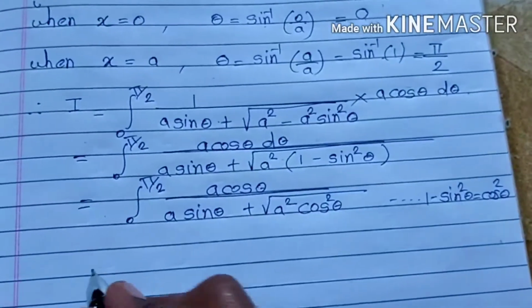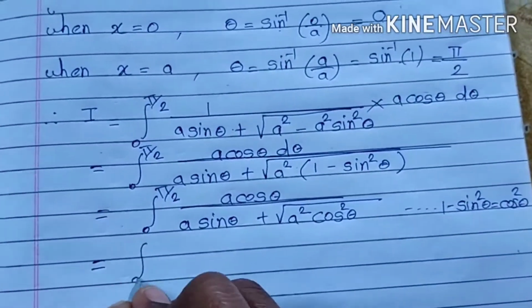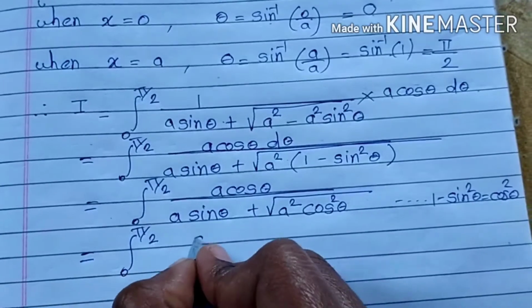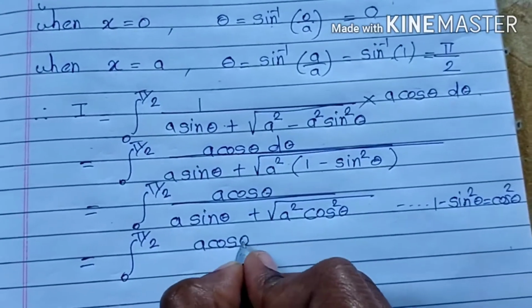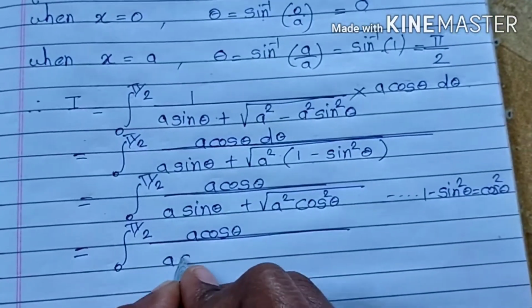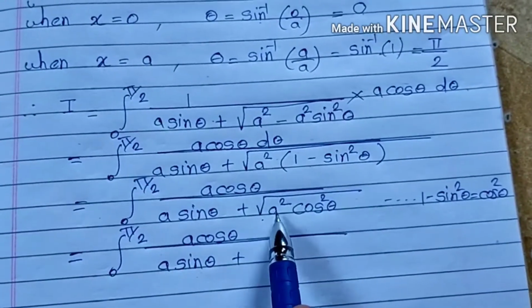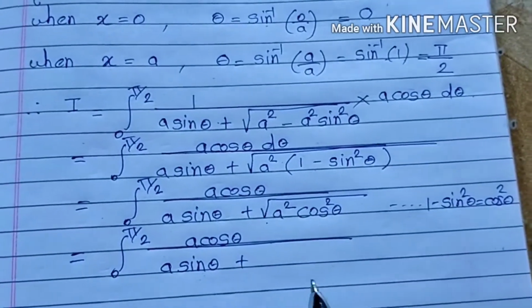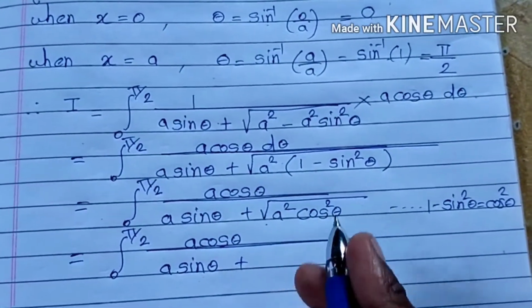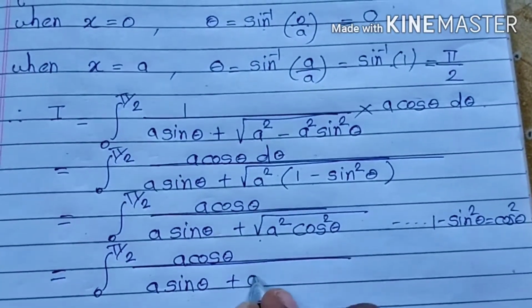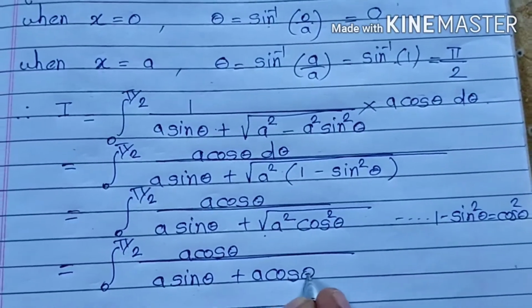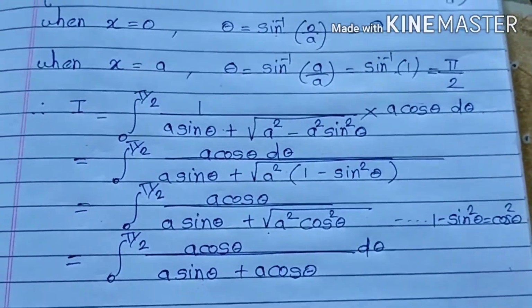So using this identity, from 0 to pi by 2, a cos theta upon a sin theta plus under root of a square and under root of cos square. So square and square root get cancelled and we get a cos theta d theta.